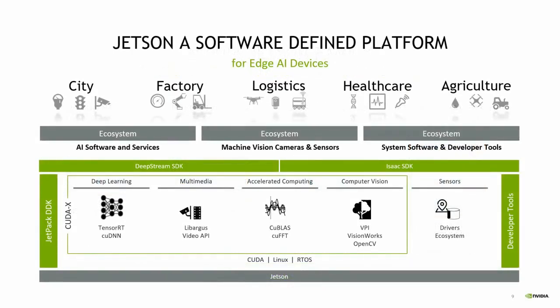And the key to it being a software-defined platform is what sits on top of that Jetson module, which is our Jetpack SDK. As you can see here, the Jetpack SDK includes a lot of CUDA-X software for deep learning, multimedia, accelerated compute and computer vision, and also a lot of sensor software that comes from many of our partners to be able to aggregate and do sensor fusion.